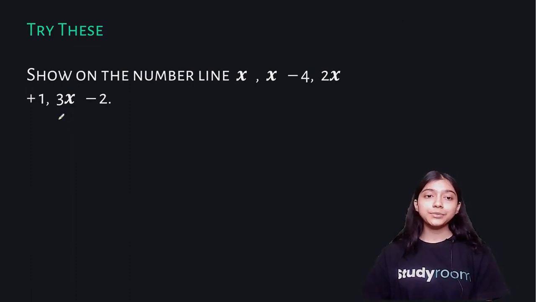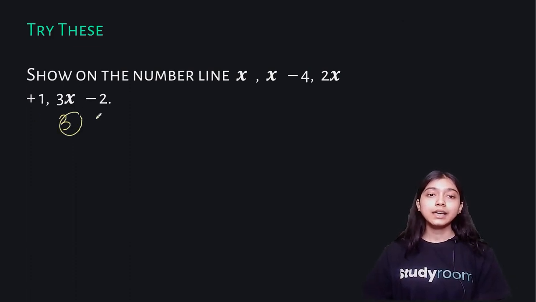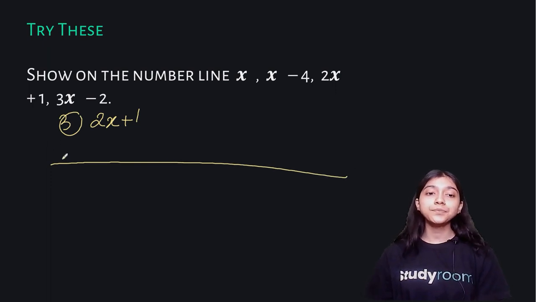The third example that we'll discuss over here is 2 times x plus 1. To represent this expression on a number line, the very first step is to draw a straight line. We will take an initial point O and we will take another point capital X, such that this distance from O to X is small x. Now we have to represent 2x.